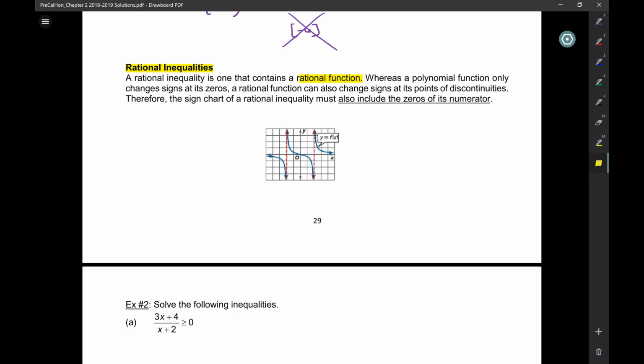Whereas for the polynomial functions, we were looking at multiplicities for the sign chart, in a rational function, the sign can also change at the points of discontinuity. So the sign chart of a rational inequality must also include the zeros of its denominator.